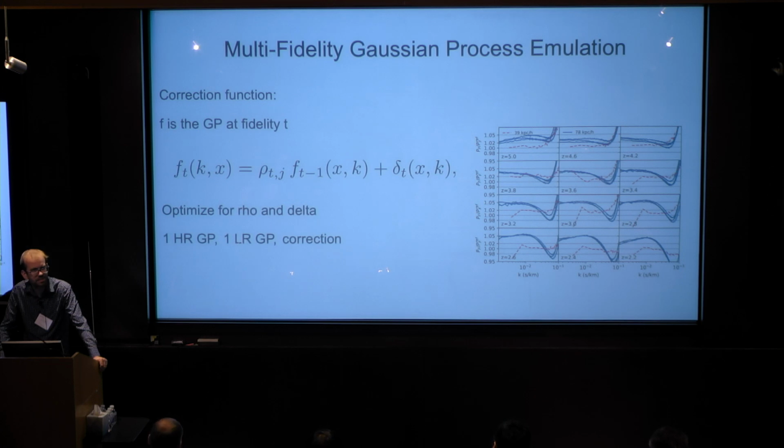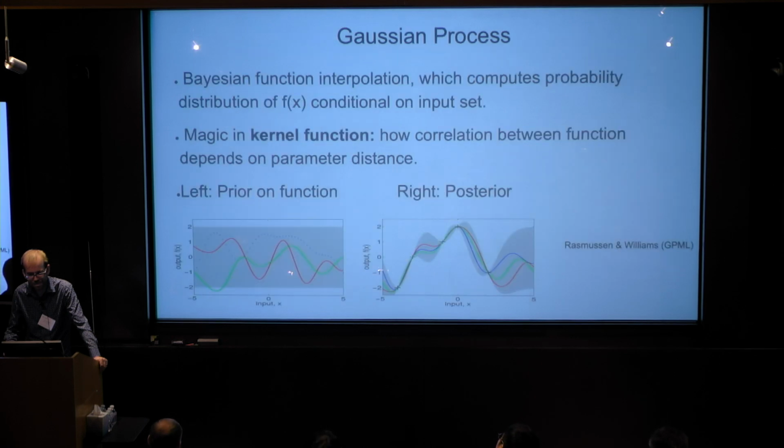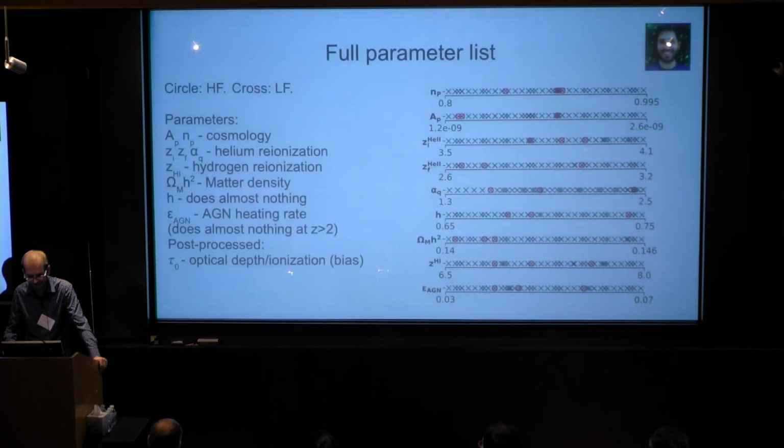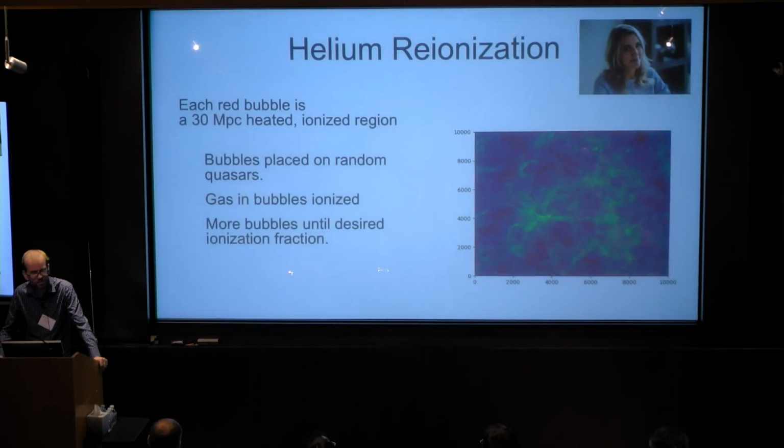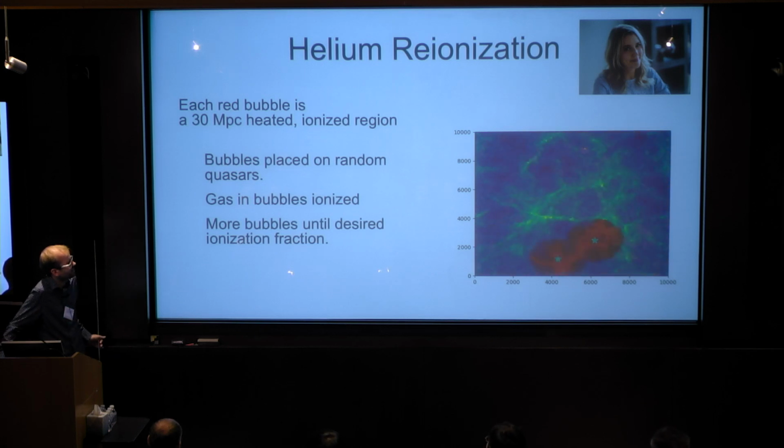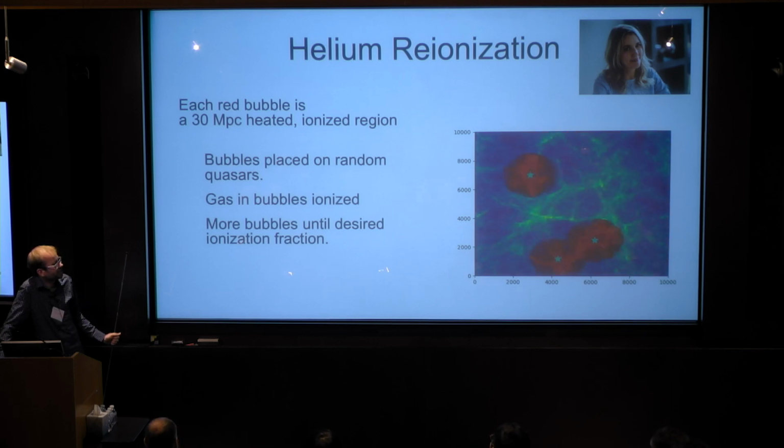You were showing how you paint the helium-2 ionization bubbles. Is that not affecting the Lyman-alpha forest result as well? It absolutely is affecting the Lyman-alpha forest result, yes. But you're still saying that AGN feedback is not important for the Lyman-alpha forest. Okay, yeah, that's true. How does that play out? The helium reionization is a form of AGN feedback.